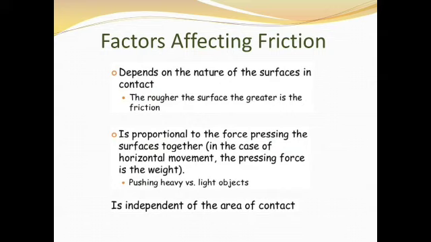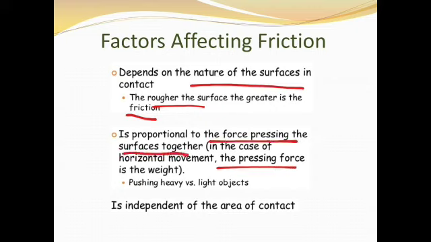Factors affecting friction. What affects the friction? It depends on the nature of the surfaces in contact. The rougher the surface, the greater the friction. It also depends on the force pressing the surfaces together, and the pressing force is the weight. Pushing a heavy versus a light object makes a difference in friction. It is independent of the area of contact. This is very important.